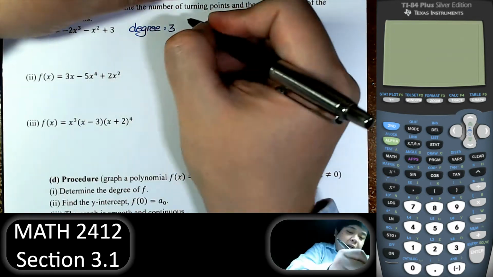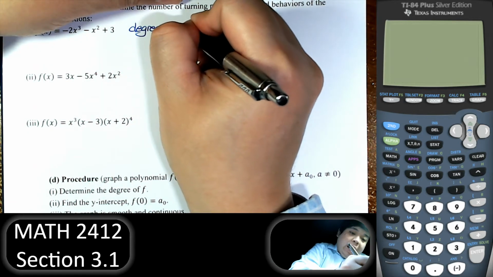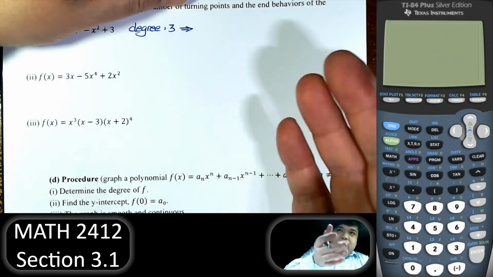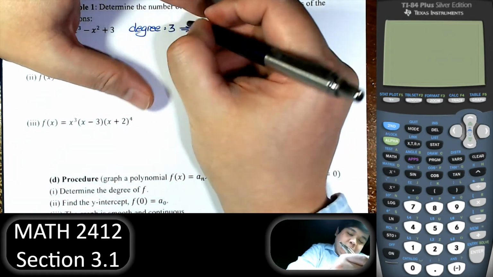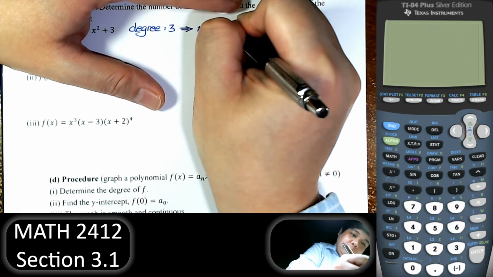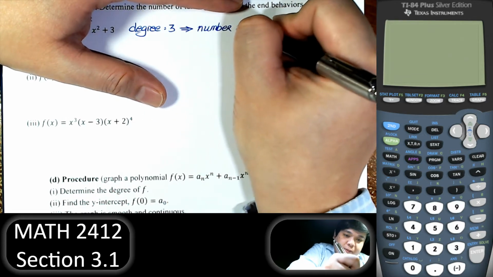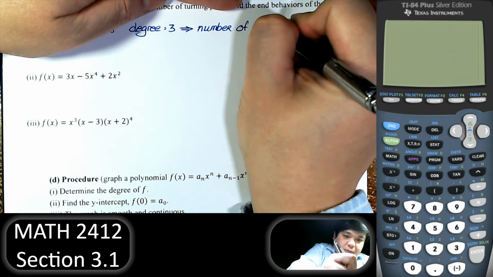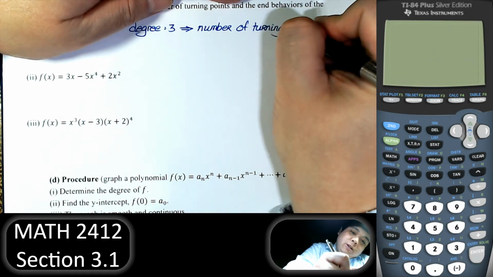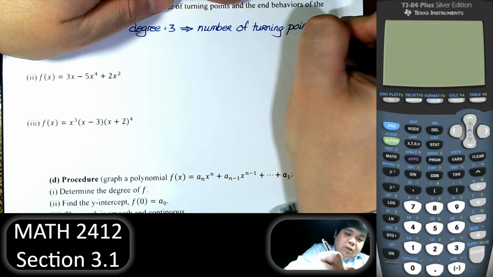If it is 3, the number of turning points will be at most 3 minus 1, which is 2.